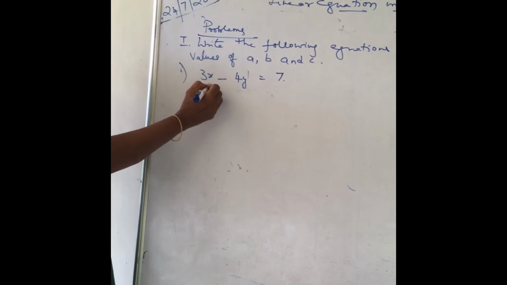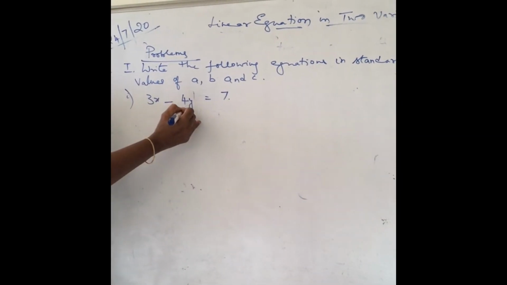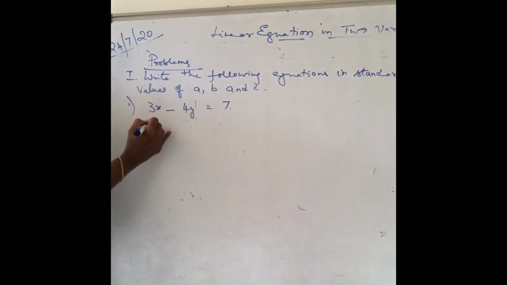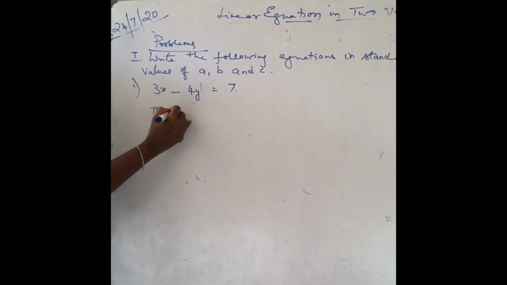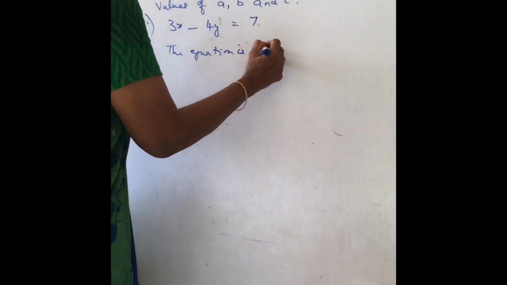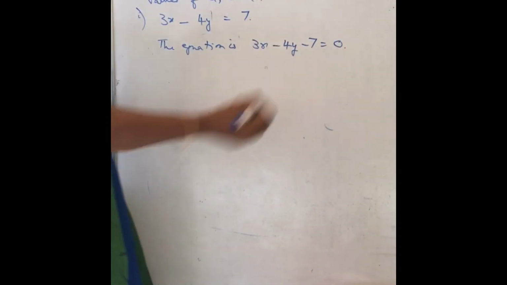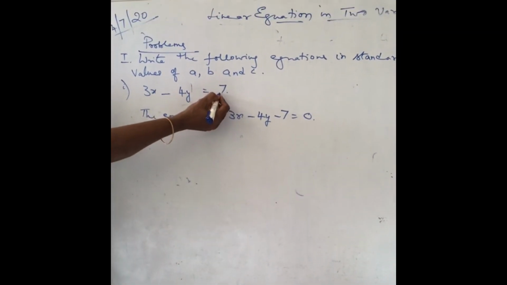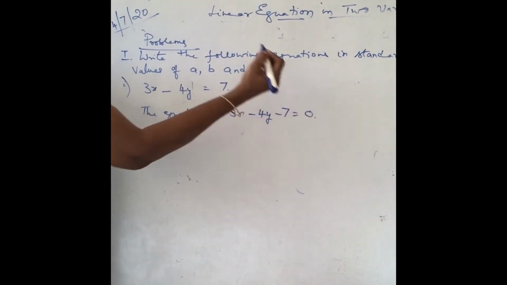You know what is the standard form, children? ax plus by plus c is equal to 0. The equation is what now? Bringing all the terms to the left side and equating it to 0. When 7 is positive, when it comes to the left side, it becomes negative.